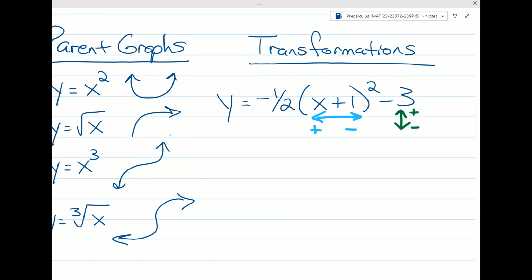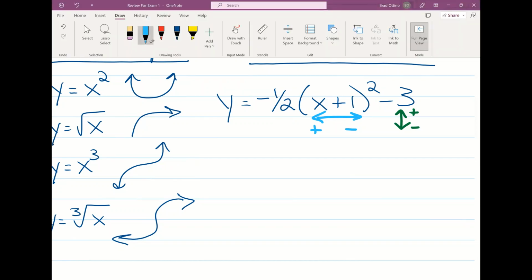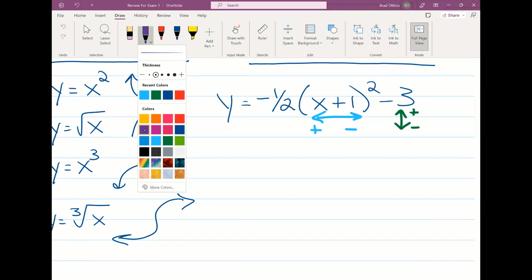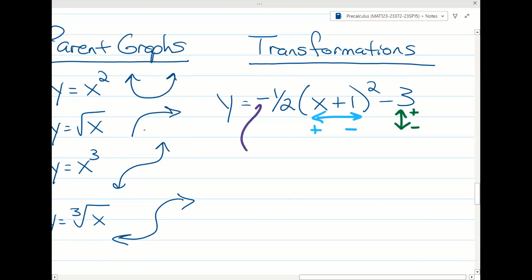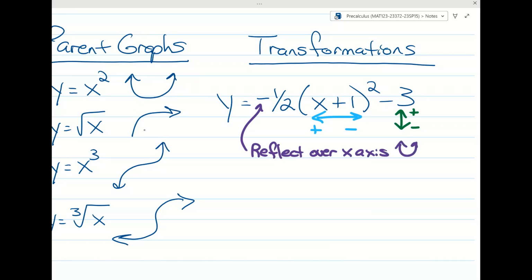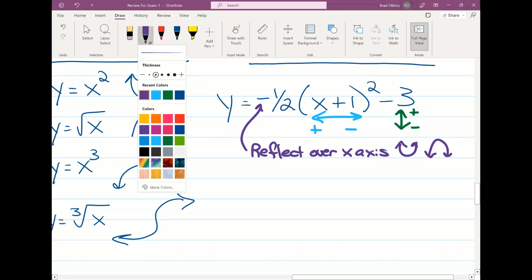And then we have the outside numbers. This negative is just going to reflect the graph. So instead of the graph looking like this, the graph's going to be upside down. The other thing that's going on here is this 1/2.